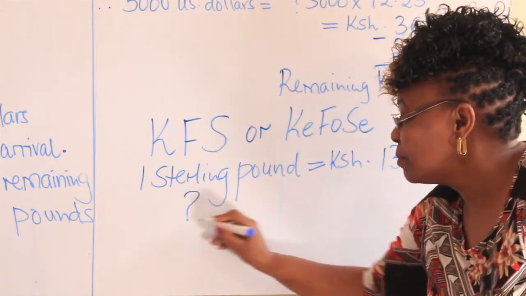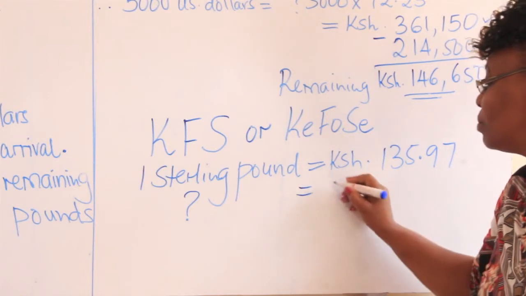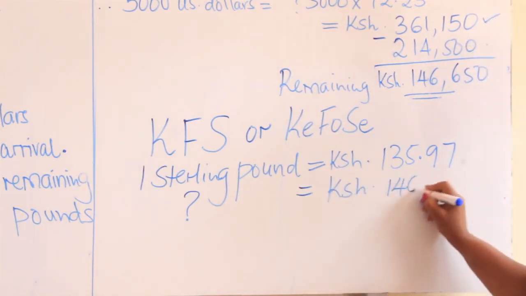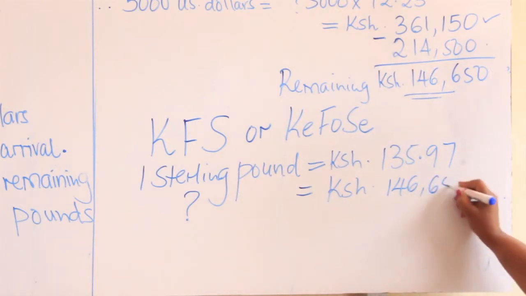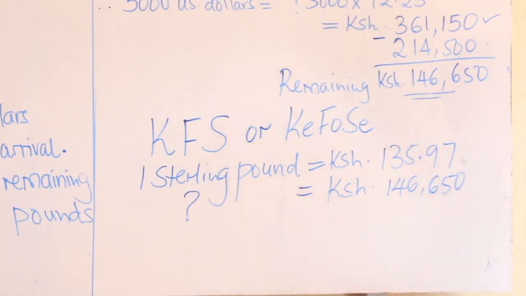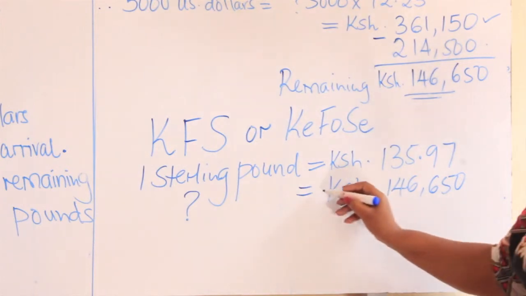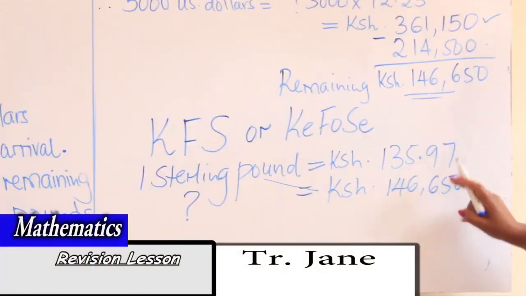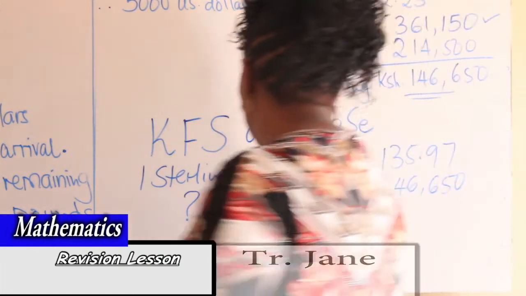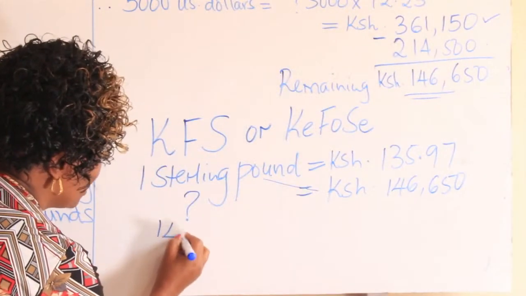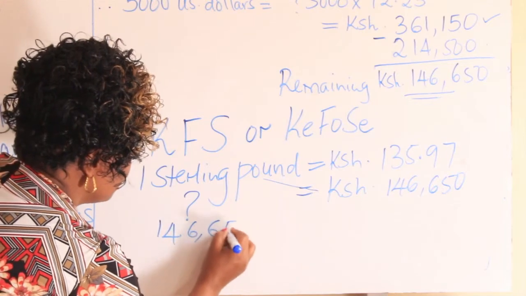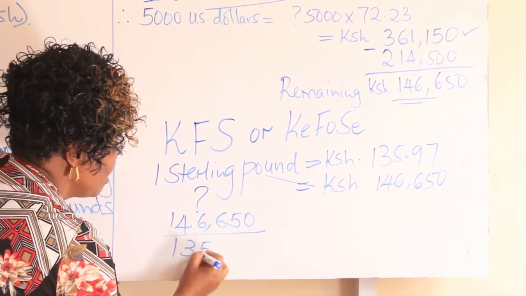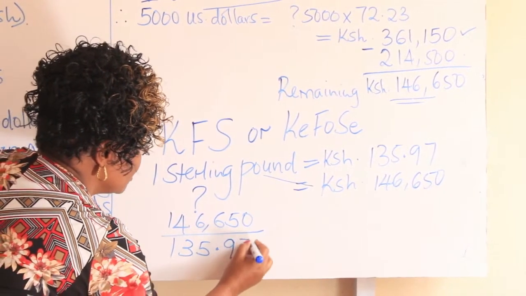So how many sterling pounds, therefore, would be equivalent to Kenya shillings 146,650? You just cross multiply like that and you divide by 135.97. So you talk of 146,650 and then you divide by 135.97.